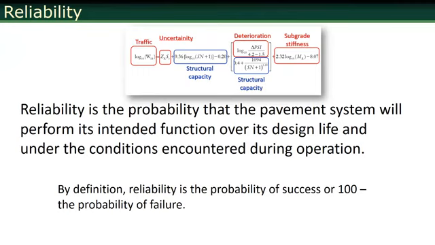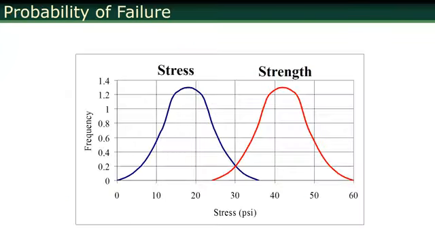Reliability is the probability that the pavement system will perform its intended function over its design life and under conditions encountered during the operation. Essentially, by definition, reliability is the probability of success, or 100 minus the probability of failure. If you think about any stress and strength combination, these are all the different stresses that you can experience for a given location, for example the bottom of the asphalt strain.